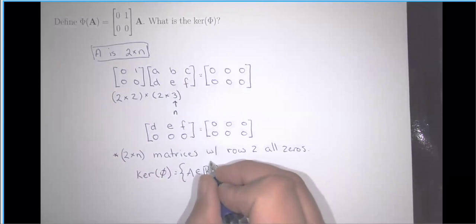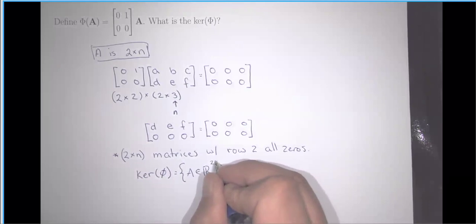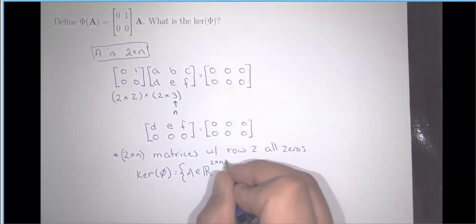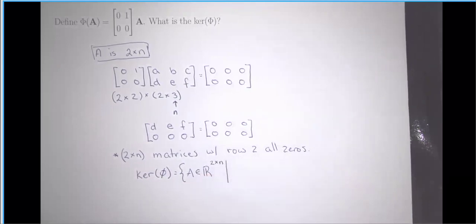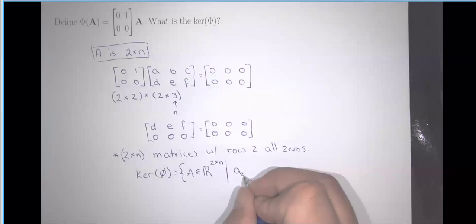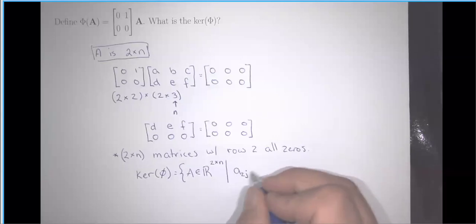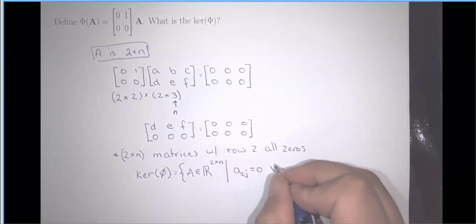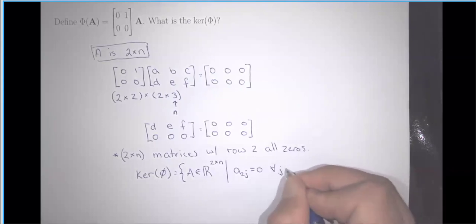These matrices have to be 2 by n, where A_2j, so row 2, any column we want, equals 0 for every j.